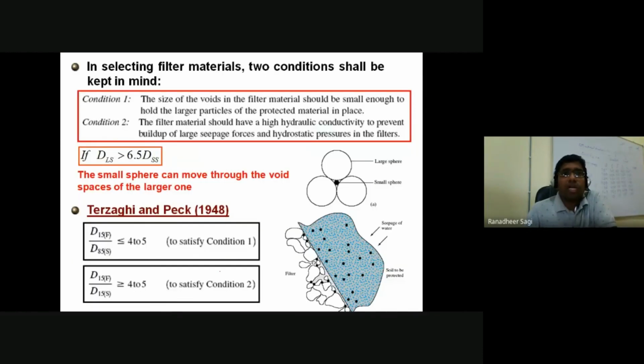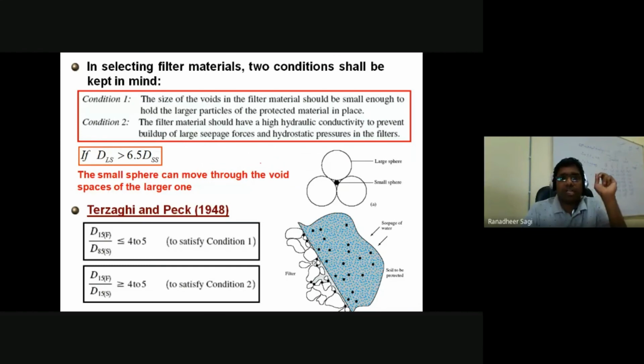Next. Now, how are filter materials to be chosen? There are certain criteria which are to be followed. The US Navy has given certain criteria, Terzaghi and Peck have specified some criteria, and likewise, Indian standard codes have some specific criteria.